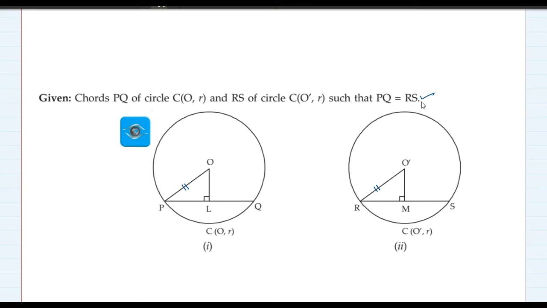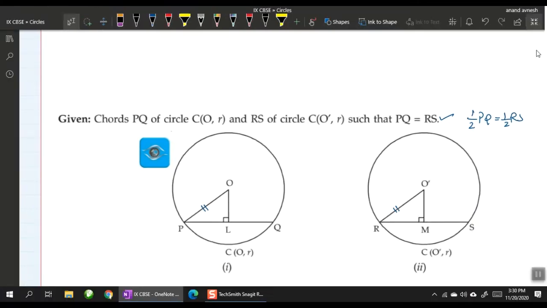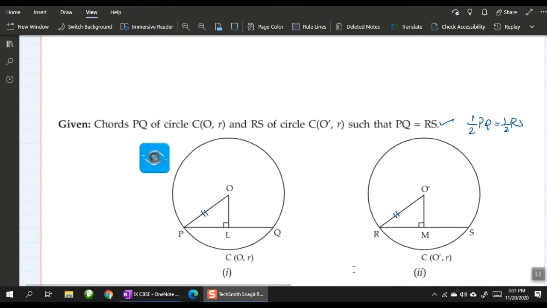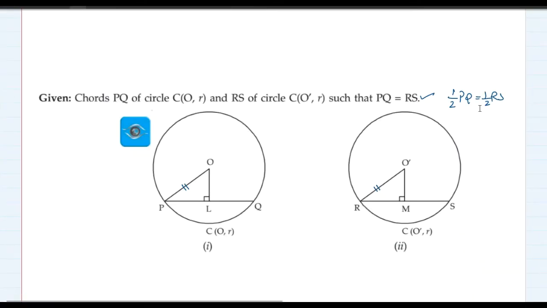Since PQ is equal to RS, half of PQ is equal to half of RS. Now half of PQ is PL and half of RS is RM.